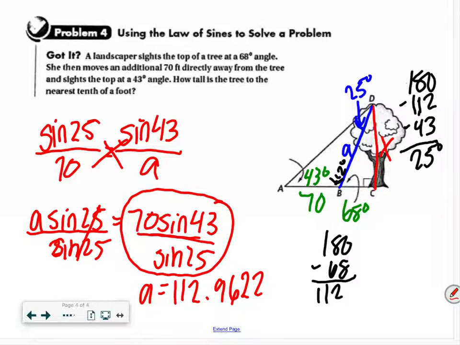Did you get that? Probably just punched it wrong. Okay. That is my blue side here.